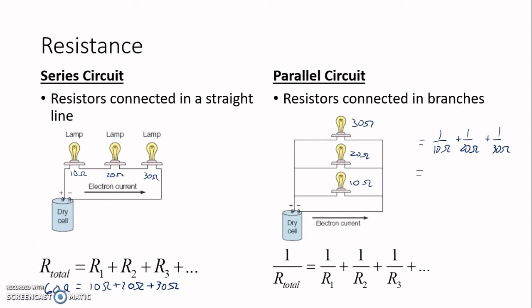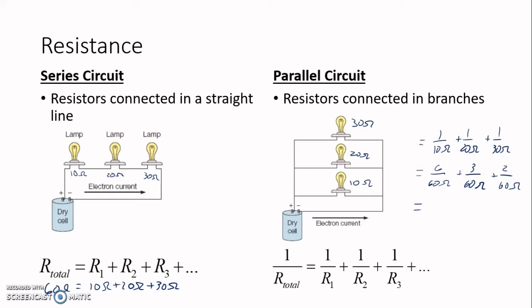Our common denominator in this case will be 60, so this will be 6 over 60 ohms plus 3 over 60 ohms plus 2 over 60 ohms. Basically 10 times 6 is 60, so the top has to be 6. 20 times 3 is 60, so the top has to be 3. 2 times 30 is 60, so the numerator has to be 2.